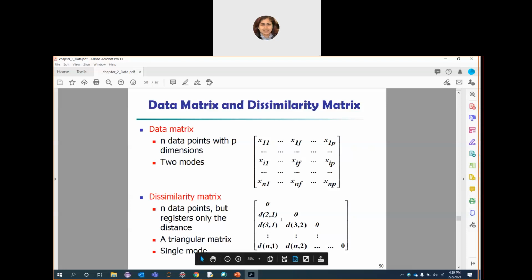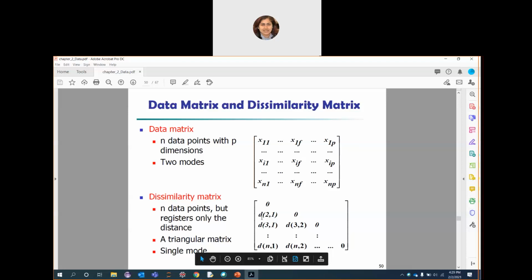So how can you arrange the dissimilarity from here? The dissimilarity matrix is also called an object by object structure. As I told you, every row corresponds to an individual object. This dissimilarity matrix stores a collection of proximities available for all pairs of n objects, and it is often represented by an n by n table.